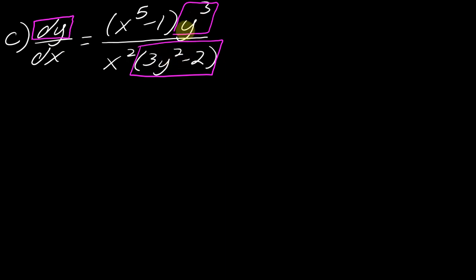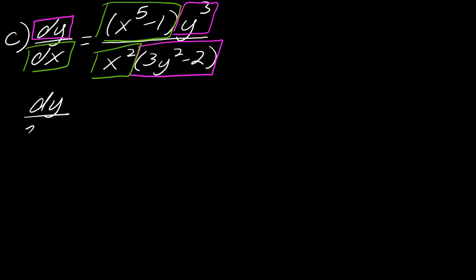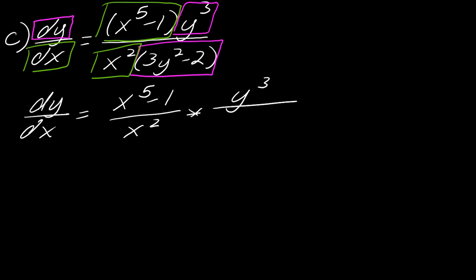I can break this up by multiplication. For my x's, I've got my dx, and then these pieces. If I want to make it explicit how we're going to separate all of this, this side is still going to be my dy/dx, but on this side I can separate this as x to the 5th minus 1 over x squared, and then y cubed over 3y squared minus 2.